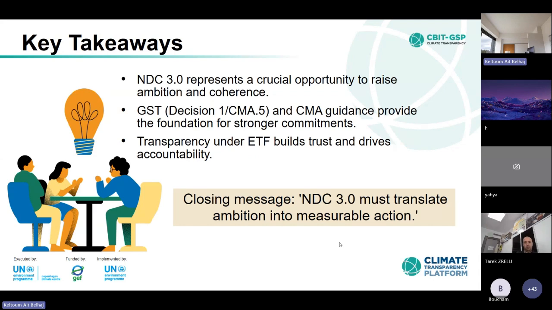As we wrap up this first session, let's keep these key takeaways in mind. NDC 3.0 is a crucial chance to raise both ambition and coherence. The global stocktake and CMA guidance give us a strong foundation for making these commitments strong. Remember, transparency under the ETF builds trust and drives accountability.